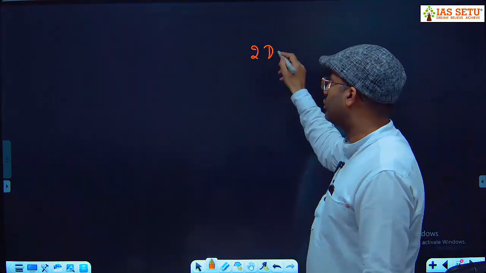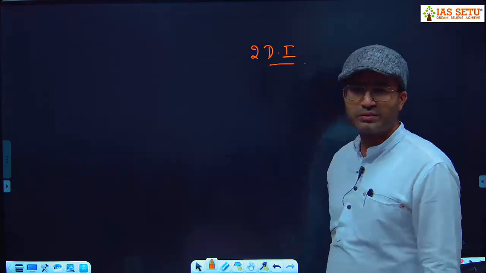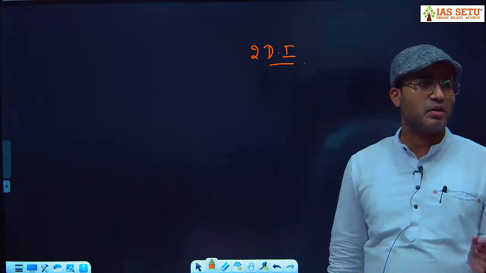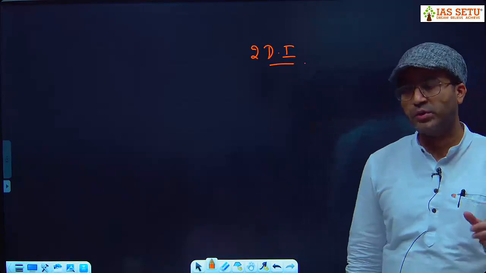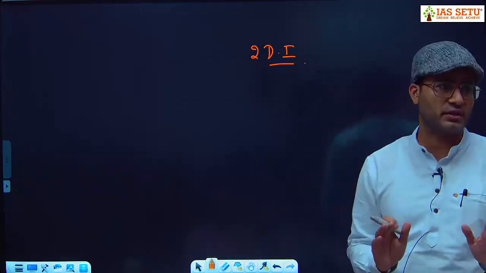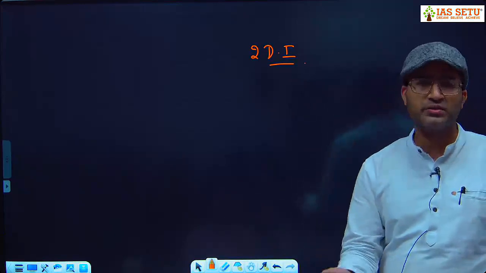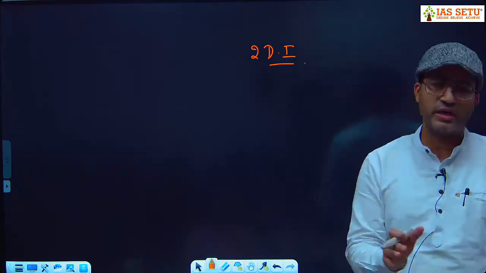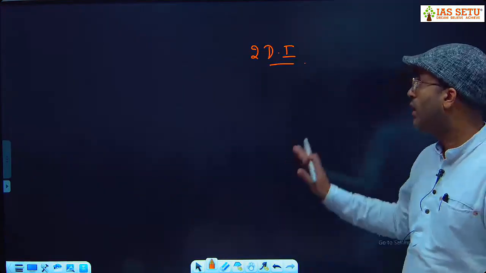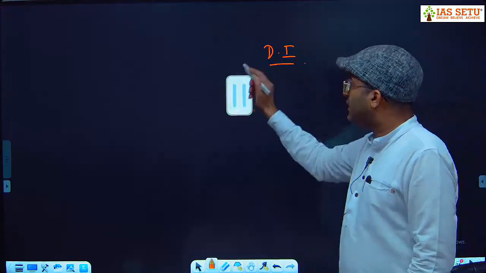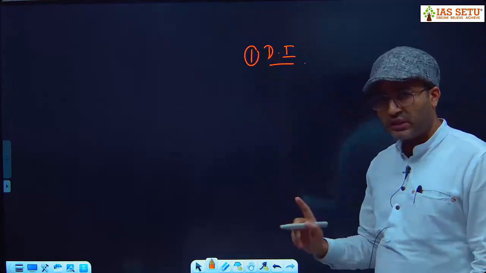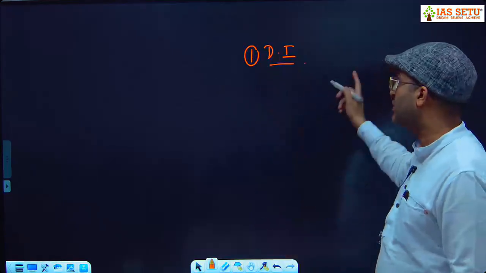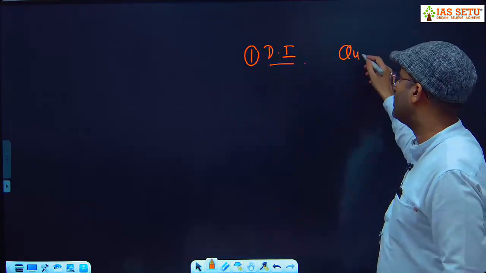Instead of taking 2 class on DI, because weightage of this topic now become 0 or 1 question because diagrams they are not giving. But still we practice just for the sake of coverage. We are covering this topic. I decided कि let's do DI in 1 class, and that second class we can utilize to discuss quant PYQ.